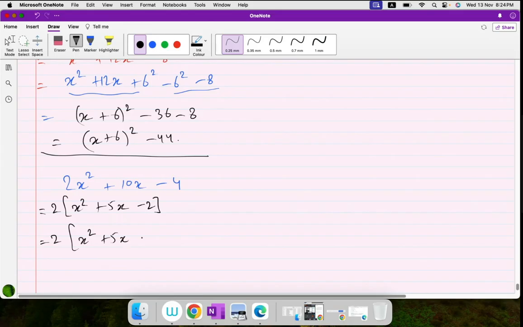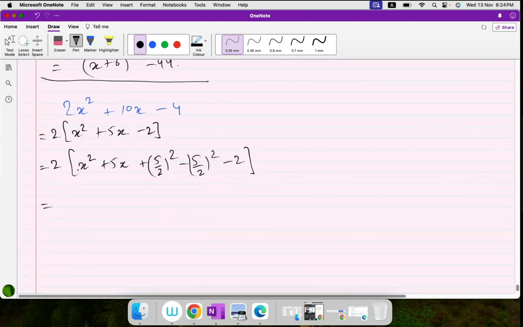Half of that is 5 by 2. So (5 by 2) square minus (5 by 2) square minus 2. 2 stays outside. Close the first three, solve the last two. So that's (x plus 5 by 2) whole square minus 25 by 4 minus 2.